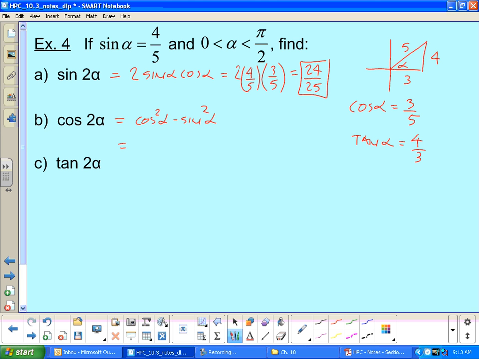We get 3/5 squared minus 4/5 squared, giving me 9/25 minus 16/25, or negative 7/25.